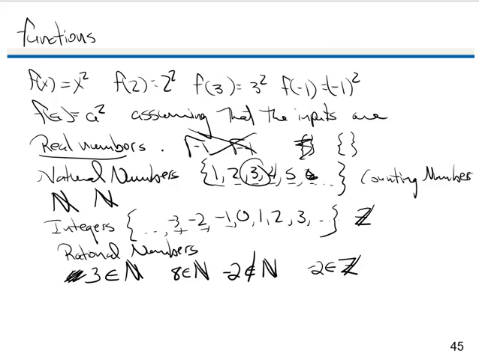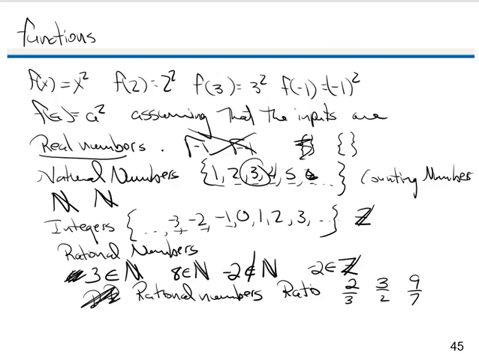The next set of numbers is the rational numbers. The word rational comes from the word ratio. So we're talking about things like 2 over 3, or 3 over 2, or 9 over 7, or negative 9 over 7. Those are called rational numbers.